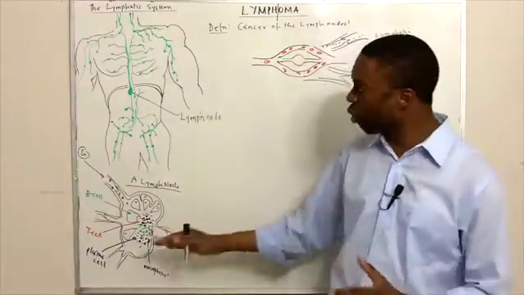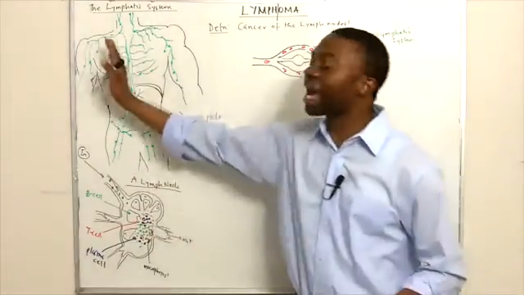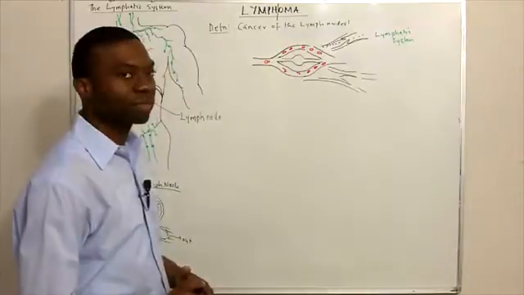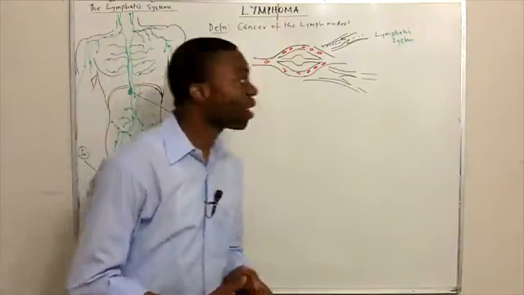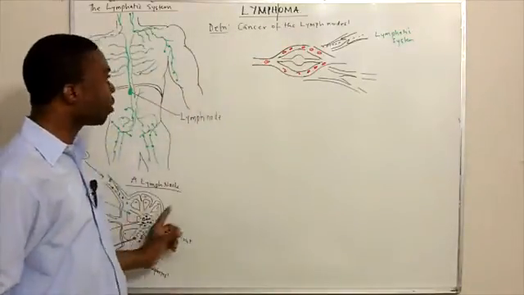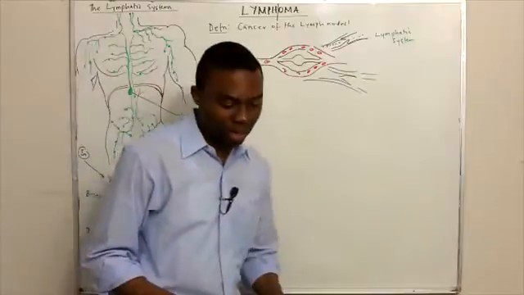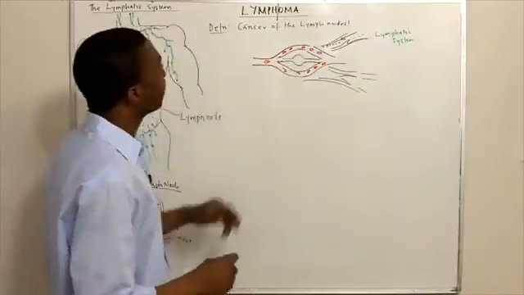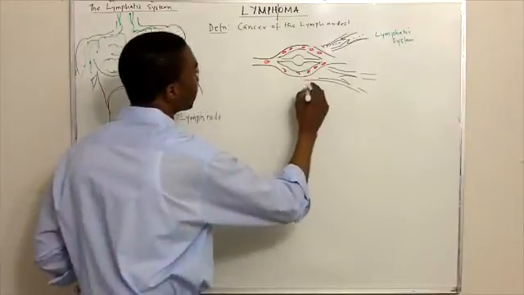So now that we know what a lymph node looks like, what the lymphatic system looks like, let's come back to lymphoma. Now when we have a cancer of this lymph node, we have a lymphoma. So there are two types of lymphoma. Let's break it into two.